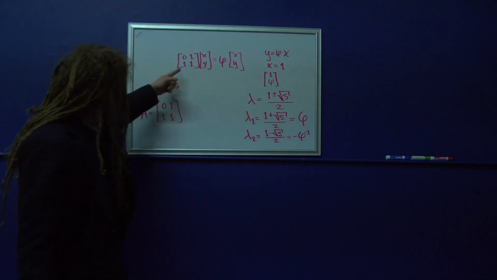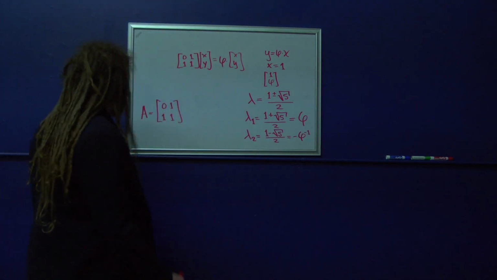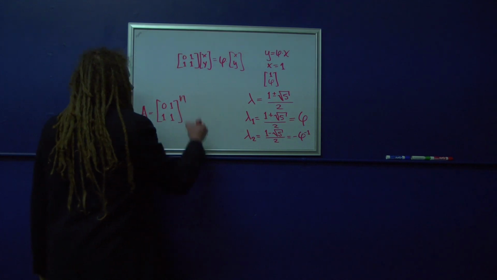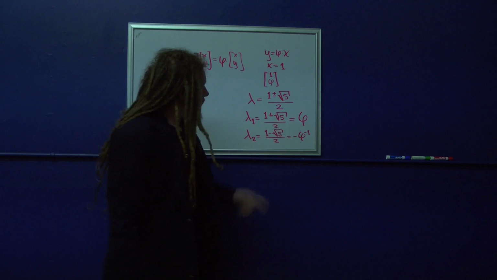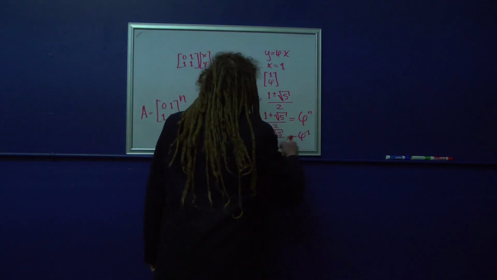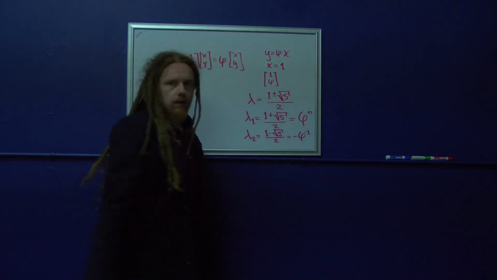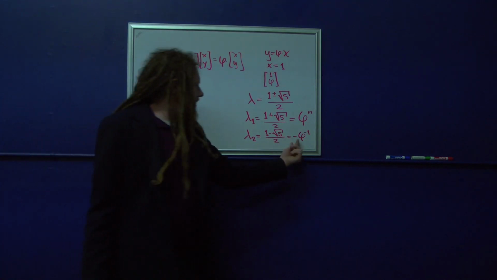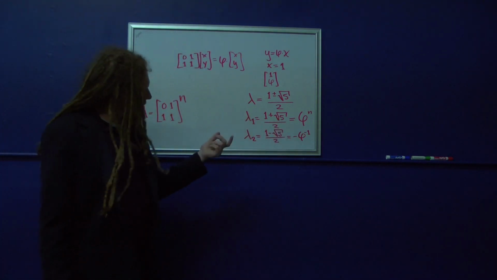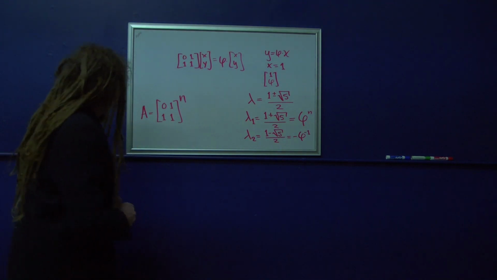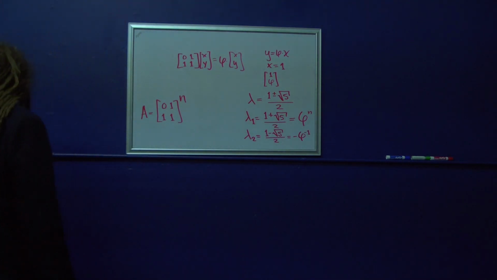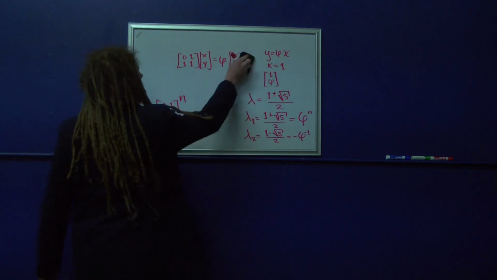But as we take larger and larger powers of this linear transformation, we go out n-fold, then we're compounding this. We're getting phi to the n and phi to the minus n. Again, this negative will make it flip-flop direction each time, but let's look at a breakdown of what we have here in the plane.